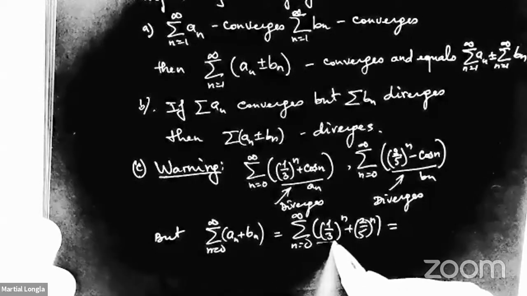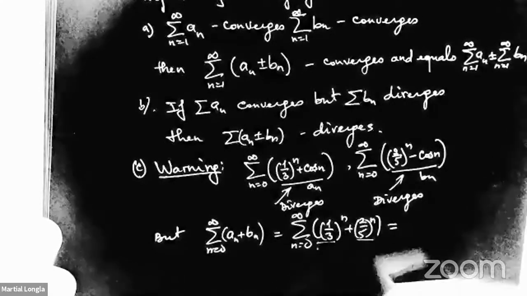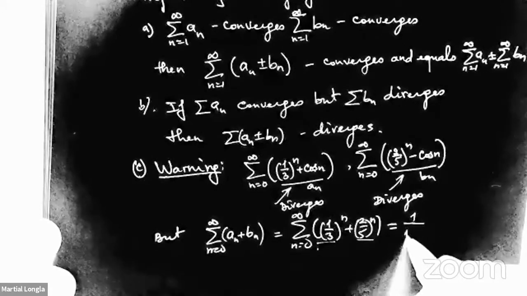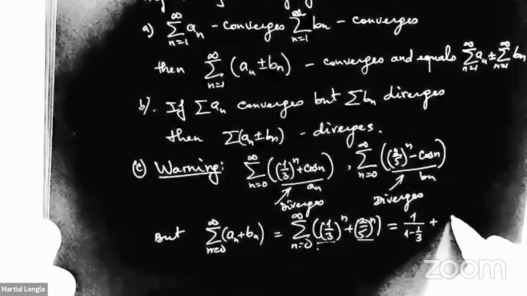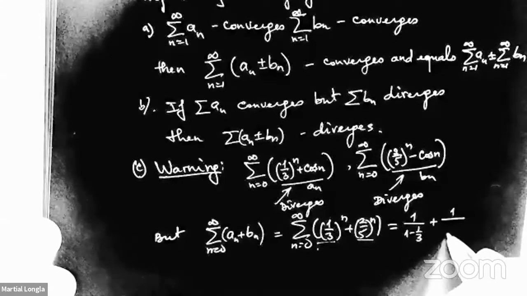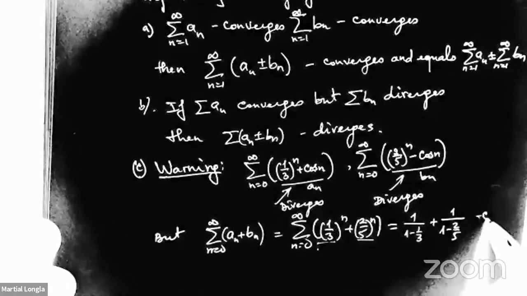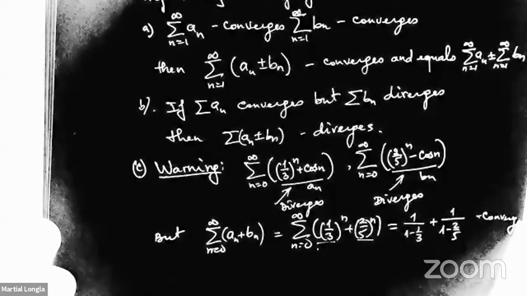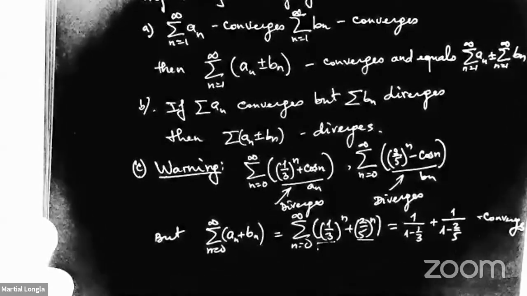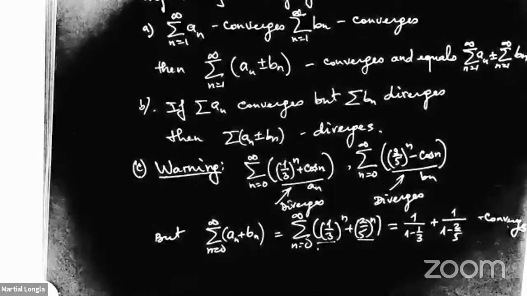This converges and that converges. This one converges to 1 over 1 minus 1/3, and that converges to 1 over 1 minus 2/5. So the sum converges. So the sum of two diverging sequences turns out to be convergent.